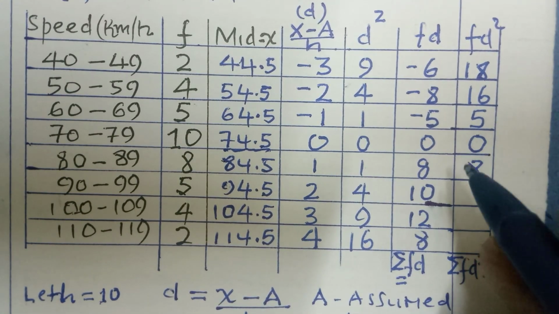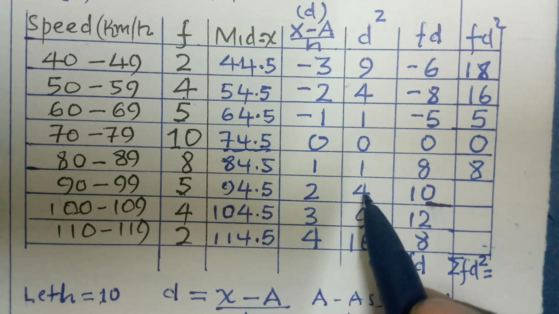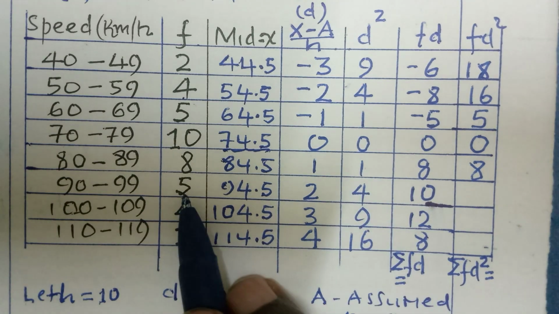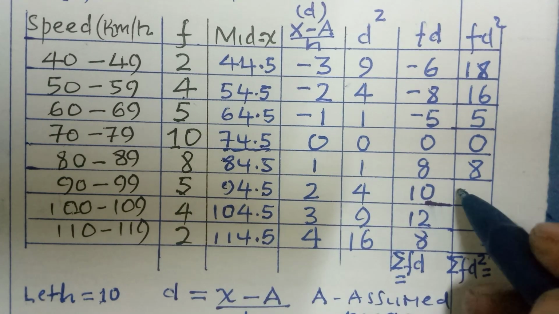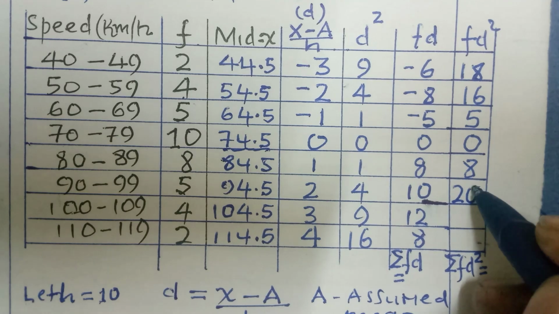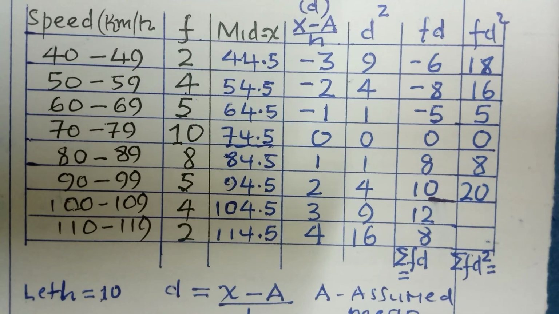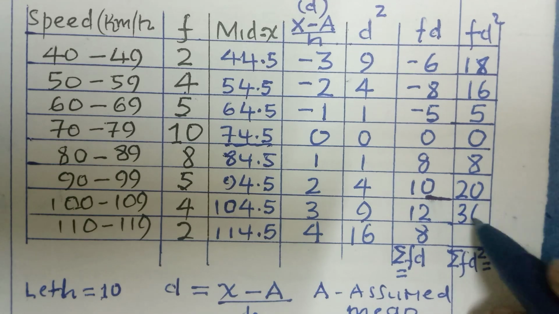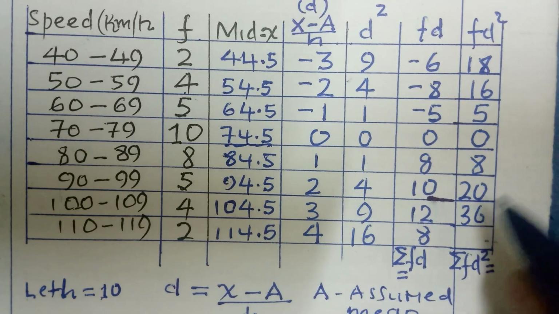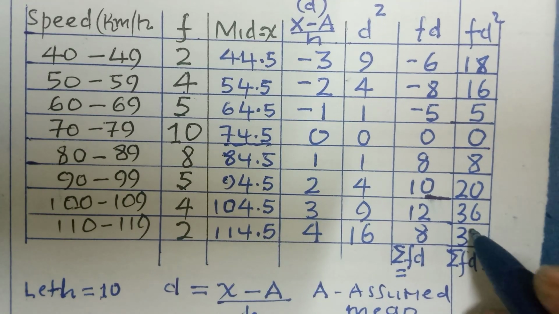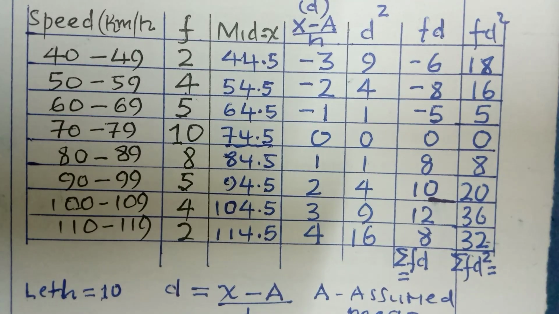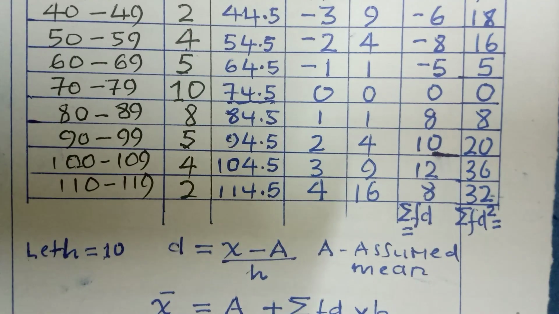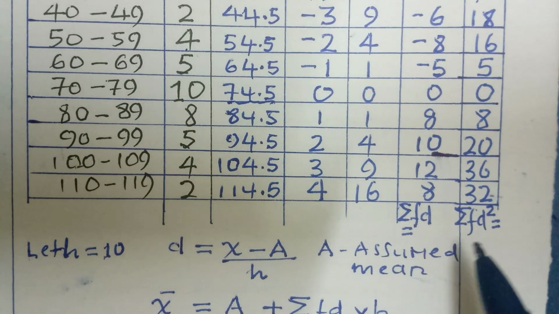And then we have this one is 4 and 5, that is 20, like that. And then 36 here, because 9 and 4, and then we have 32, like that. So guys, now we come and add this and this.